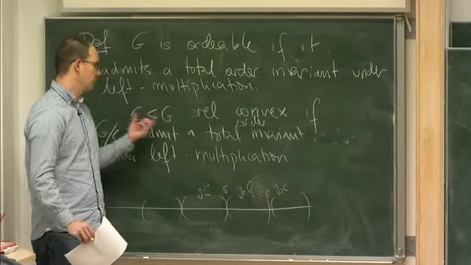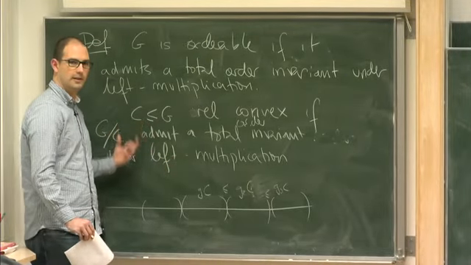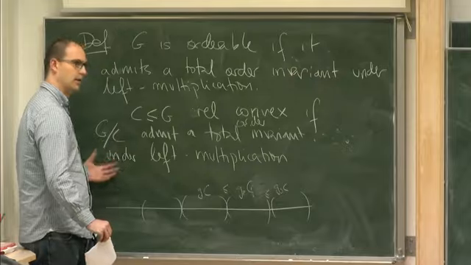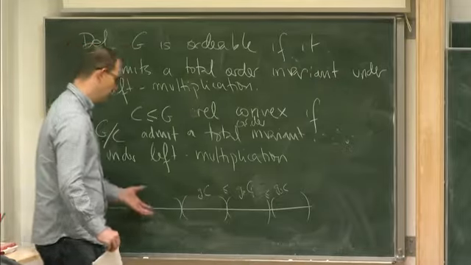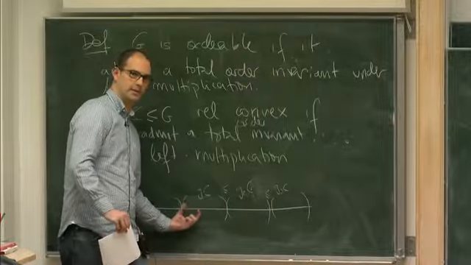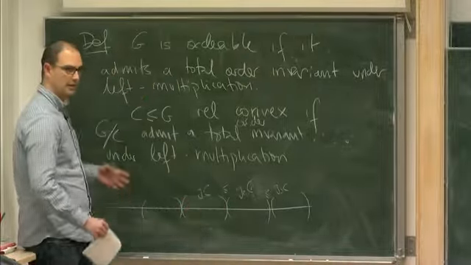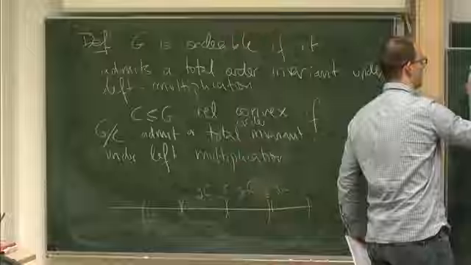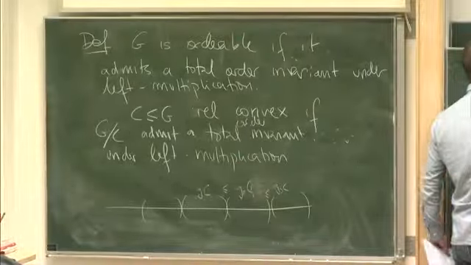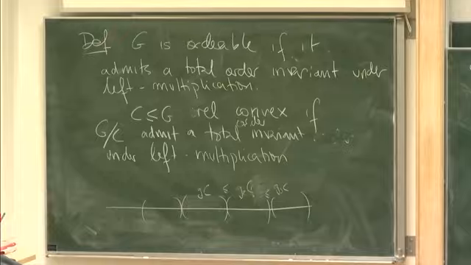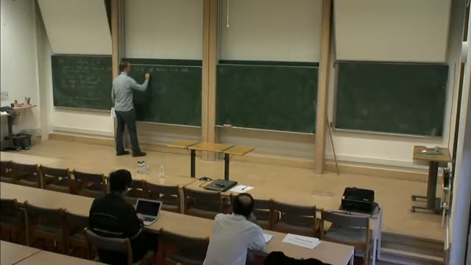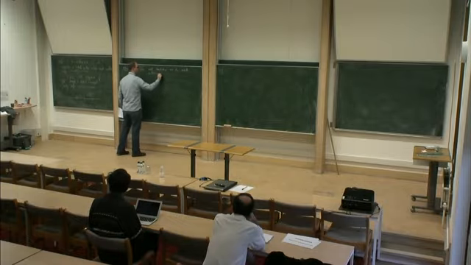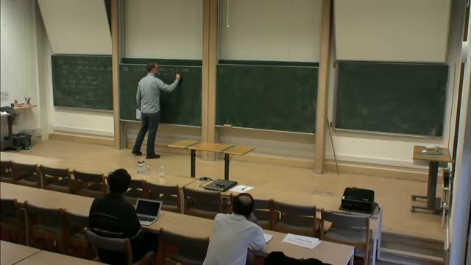Once you order the subgroup C, that is relatively convex, suddenly the whole thing is orderable, because you have ordered your cosets and then you order your things inside. So what I'm saying is: if this subgroup is relatively convex in G and orderable, then G is orderable.